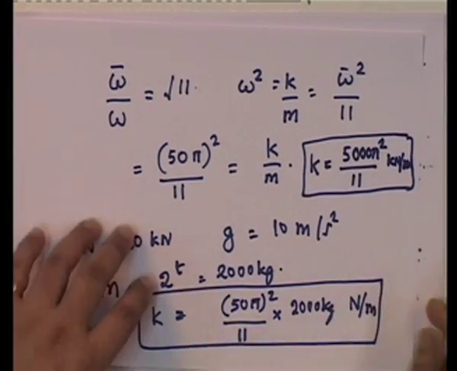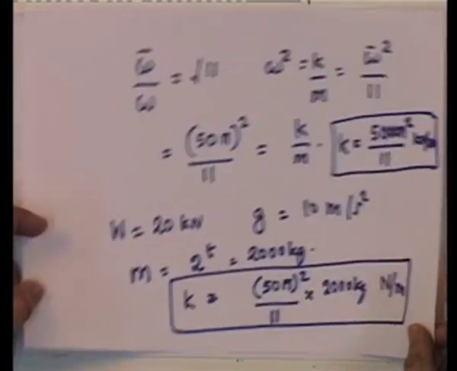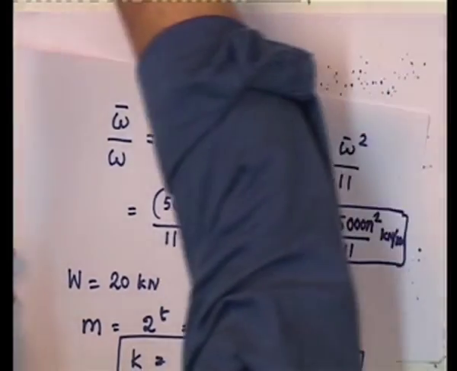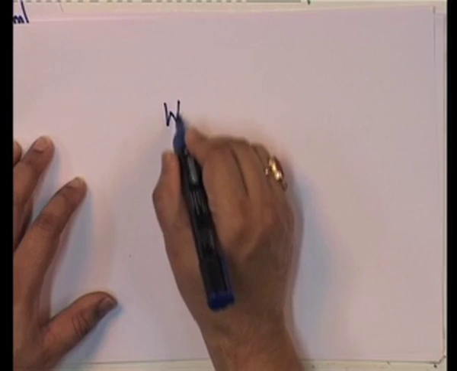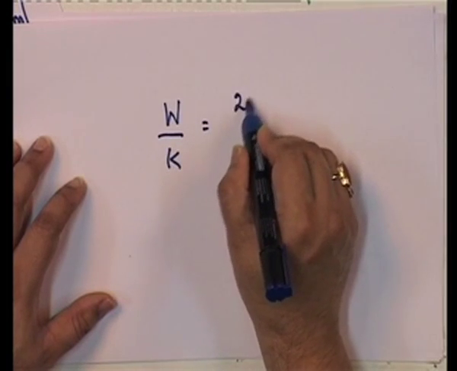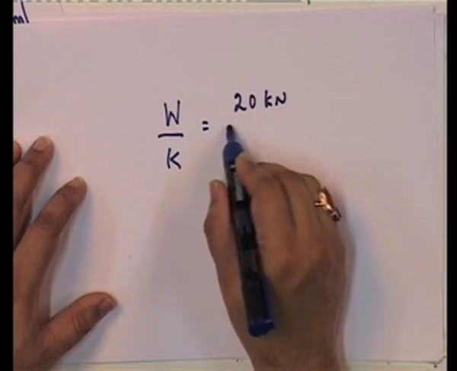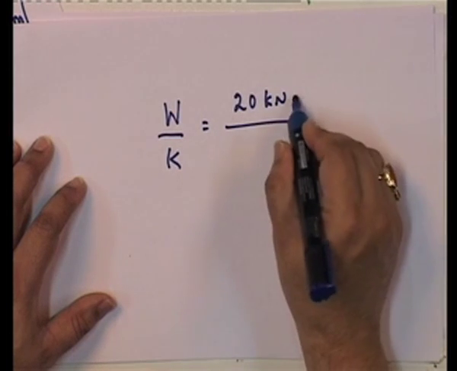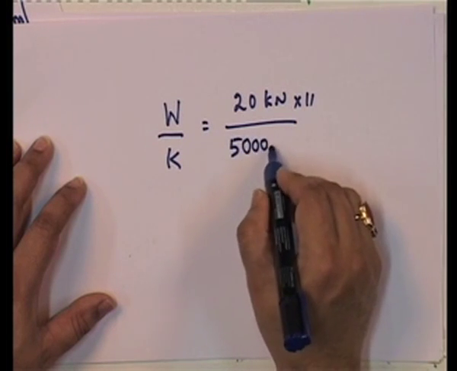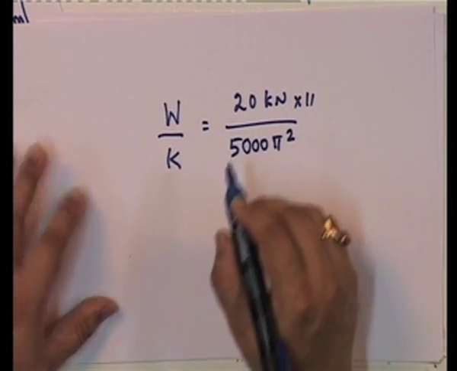So, let us now look at what kind of displacement I get under the weight. What kind of travel do I minimum require? The minimum travel required is weight upon k. That is equal to 20 kilonewtons into 11, divided by 5000 pi squared.